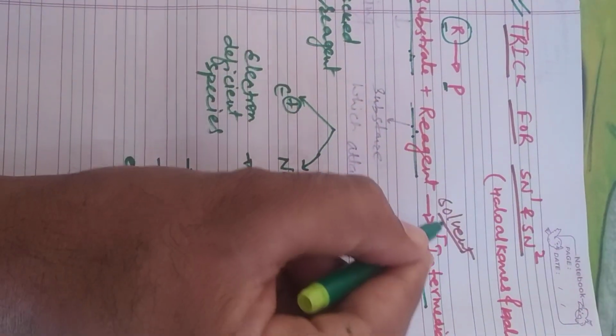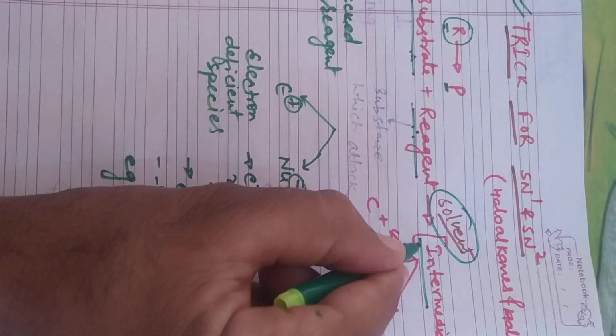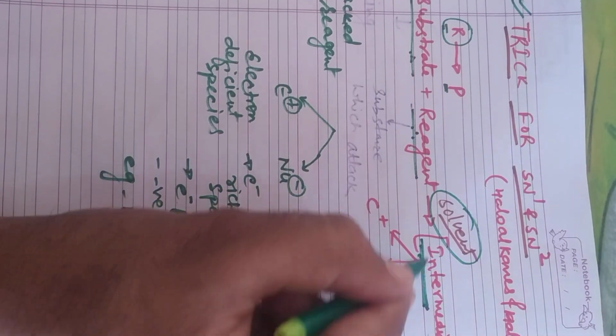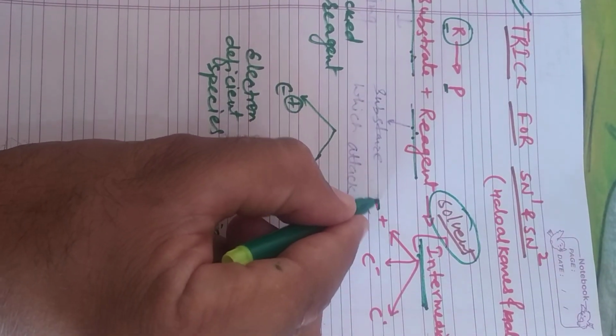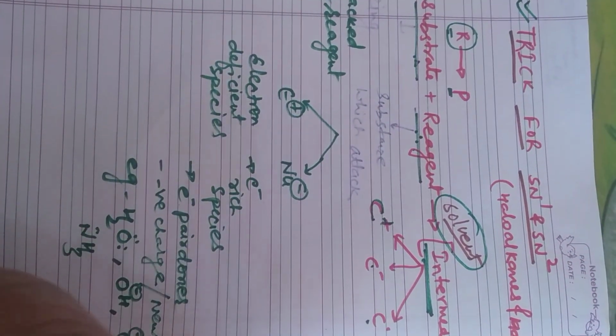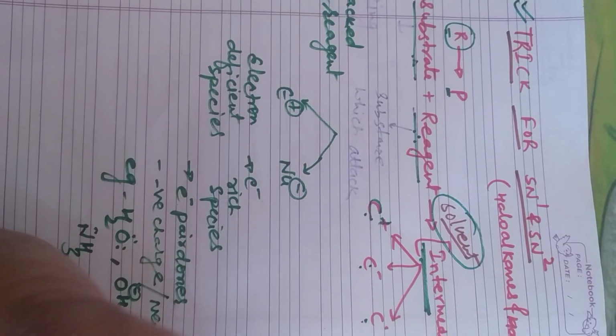Substrate and reagent are dissolved in a solvent and they form an intermediate, then the product. Intermediates are of three types: carbocation, carbanion, and free radical.